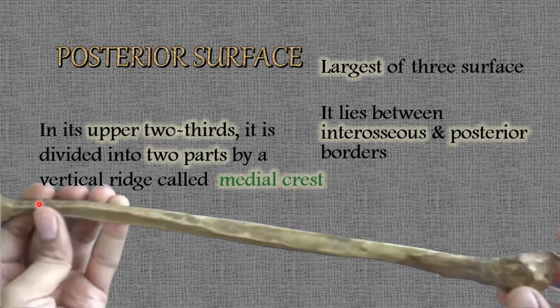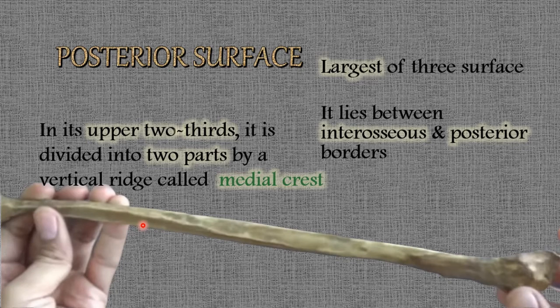So this is the vertical crest in its upper two-thirds. This divides the whole posterior surface into a lateral depressed or concave surface and a medial flattened surface. This is the medial flattened surface, and this is the lateral concave or grooved surface, sort of depressed surface.